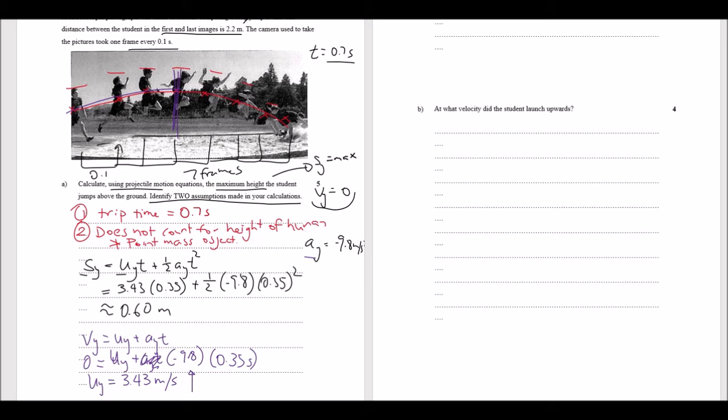And that's the maximum displacement. So let's go to question B, which is the velocity at which the student is launched upwards.